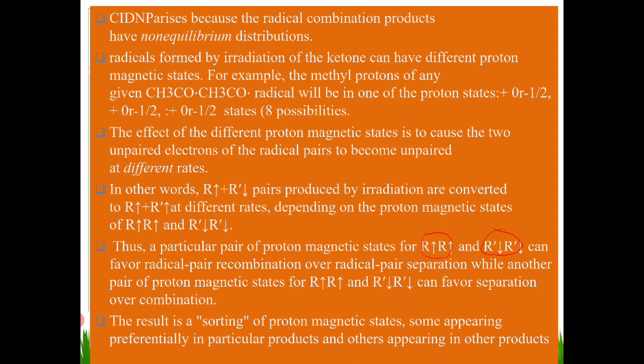So the magnetic state interaction with the electron of the free radical is going to result in the sorting of the proton magnetic states. How the sorting happens is that either the combination or the separation of the radical pair will be preferred over the other.